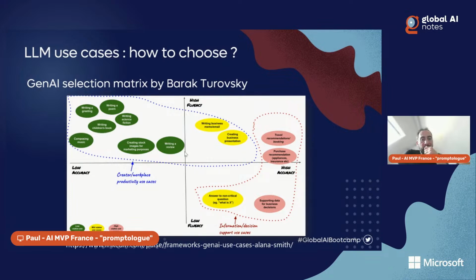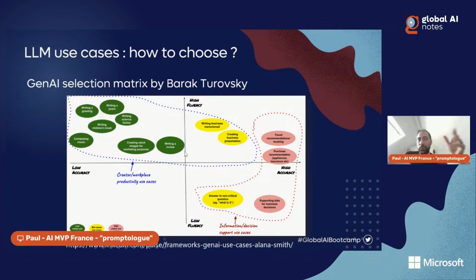The second axis is the fluency. We can say that it's the capability of having a talk, especially with humans. But don't forget that, for example, with AutoGen, which is a new product by Microsoft Research, some LLMs will talk with another LLM.